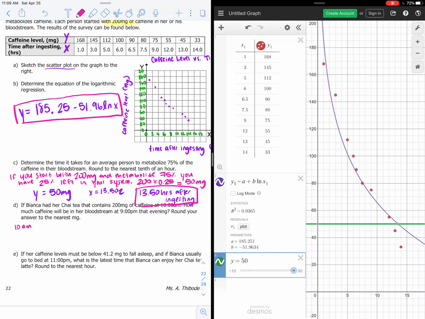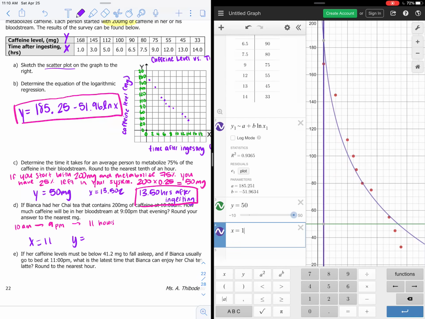So from 10 a.m. when she's ingested all the way to 9 p.m., that is a total of 11 hours after. So that's 11 hours after ingesting, which means our x is 11, and we want to figure out our y.